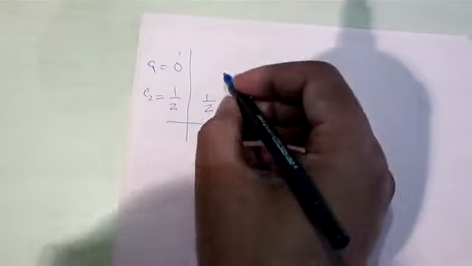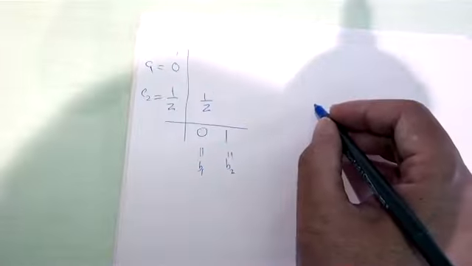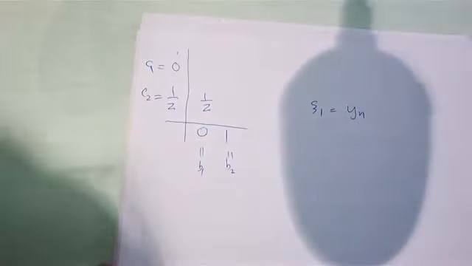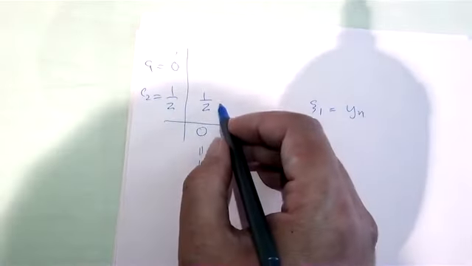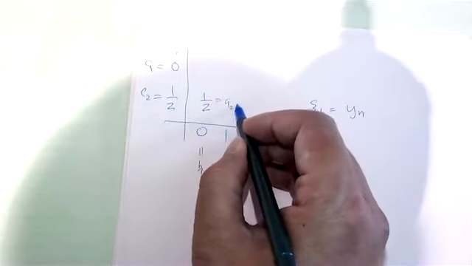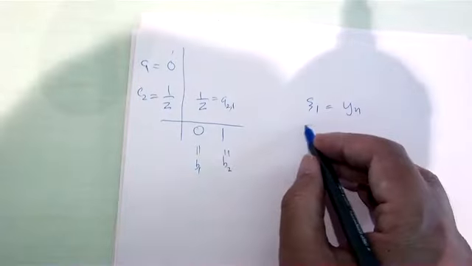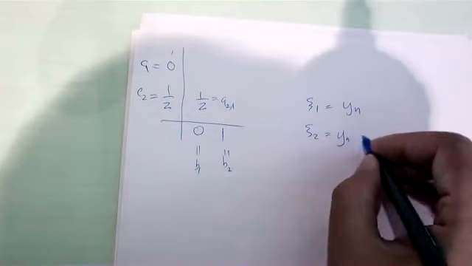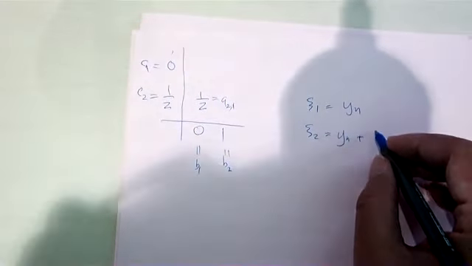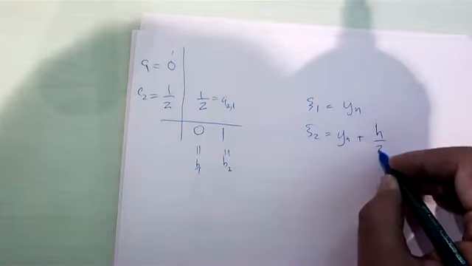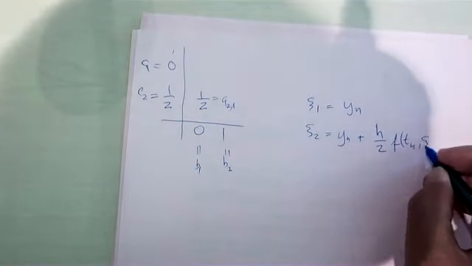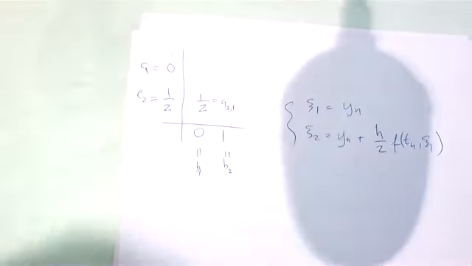And then, what is xi1? So xi1 will be yn. And then xi2, this one will be a21, so a21, row 2, column 1. So xi2 will be, according to this formula, yn plus a21, which is just 1/2, times h f at yn, xi1.